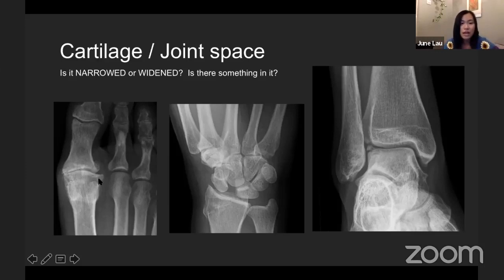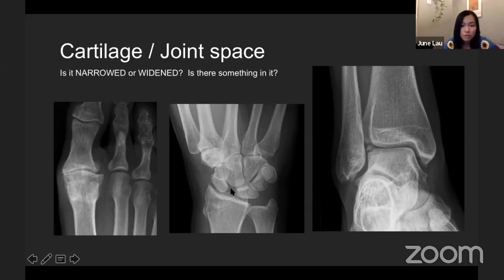So if someone comes in and complains of toe pain, and you see this, and the joint space is a bit narrowed, you're not too concerned, especially if there's no fractures. But in cases like this, here you've correctly identified the distal radial fracture. But if you're not looking at the joint spaces, then you might miss something like this.